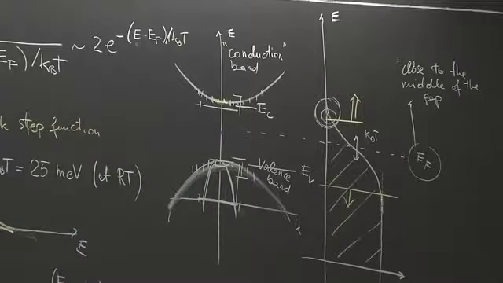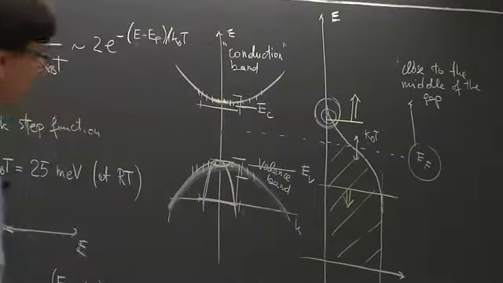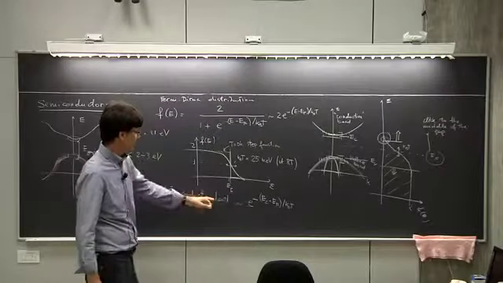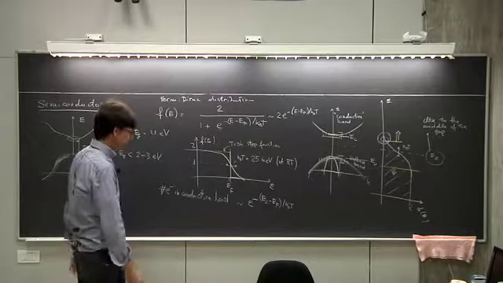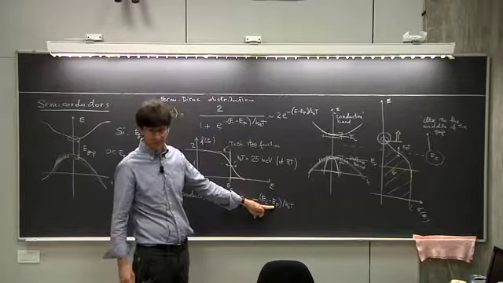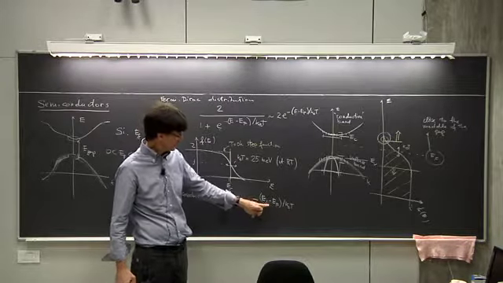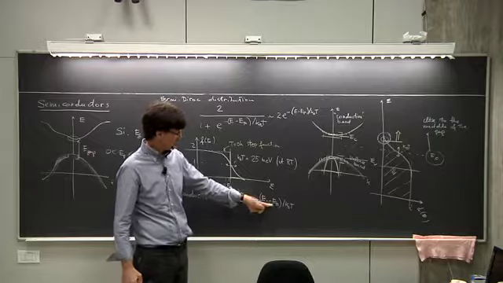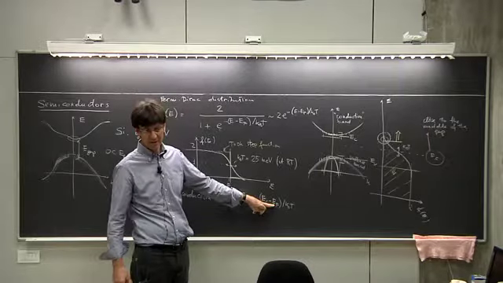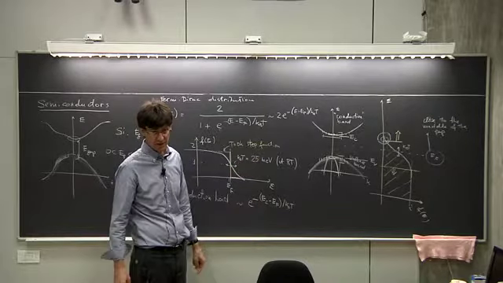And similarly in the valence band, the missing electrons will be located at the top of the valence band. So the number of electrons in the conduction band will be like this. However, if EF is close to the middle of the gap, the difference between the conduction band and the Fermi energy is approximately 1/2 of the band gap.